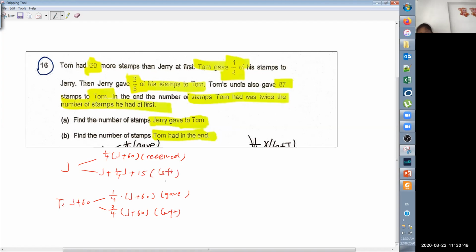Okay. Then Jerry gave 2/5 of his stamps to Tom. So now 2/5. You can simplify this first. So it's over 5J. Okay, let me simplify it first.